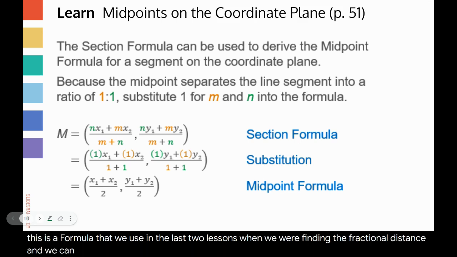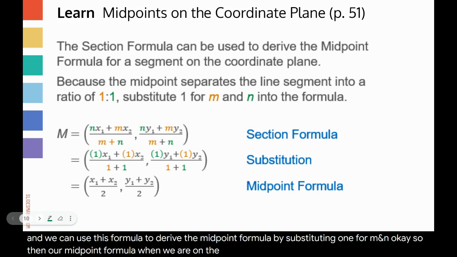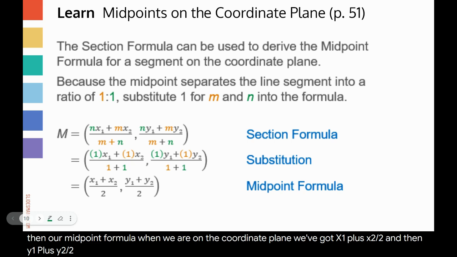Then our midpoint formula on the coordinate plane has x1 plus x2 over 2, and then y1 plus y2 over 2. So it's very similar to what we were doing with the line segment. We just have to add the y values.